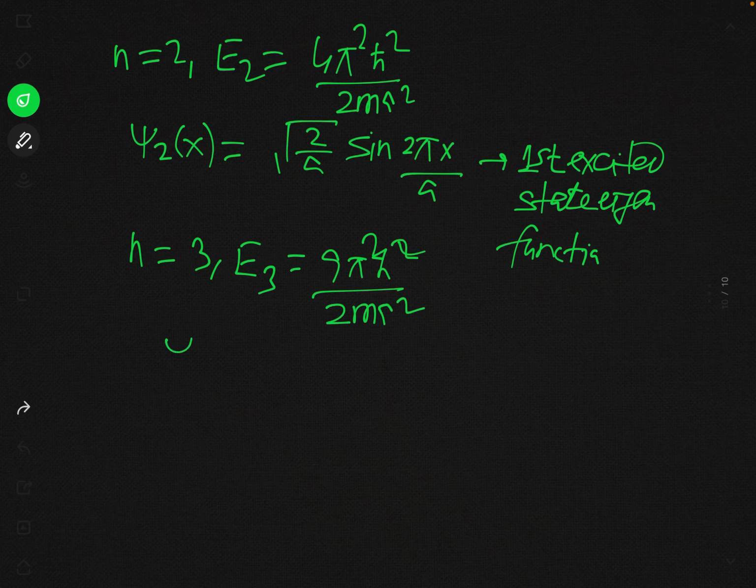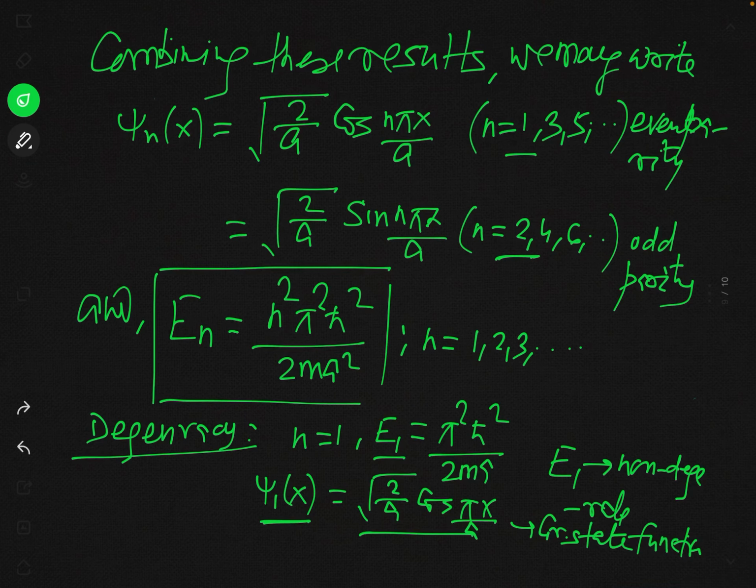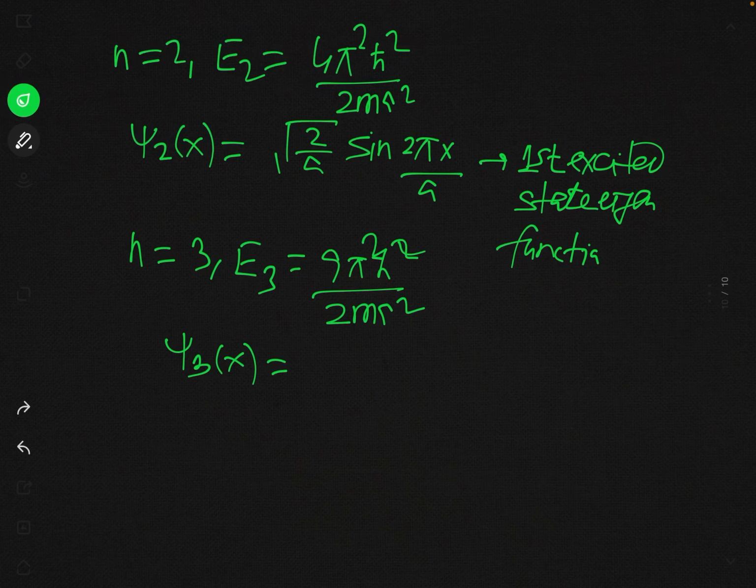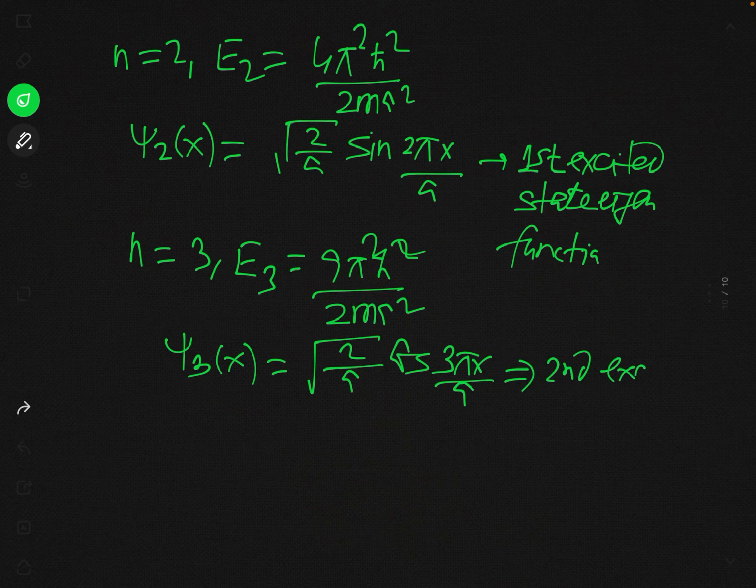And corresponding to this, the eigenfunction will be psi 3 of x, which will again be in terms of the cosine function, so this will be root over 2 over a cos 3 pi x over a. And this is actually the eigenfunction for the second excited state.